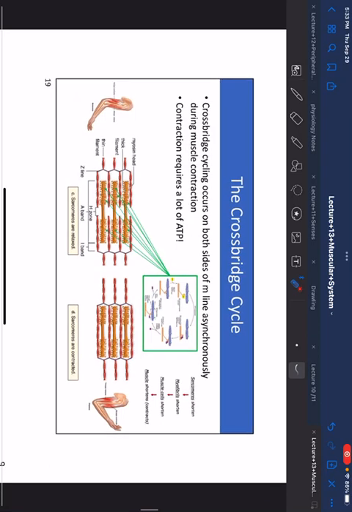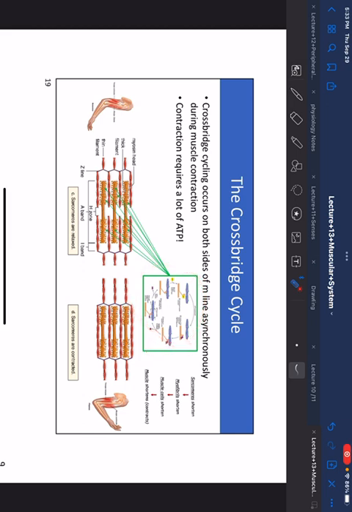So cross-bridge cycling occurs on both sides of the M line. This cycle occurs at all these different myosin heads, and it occurs when the myosin heads interact with the actin thin filament above it. And you saw that for cross-bridge cycling, it uses ATP.